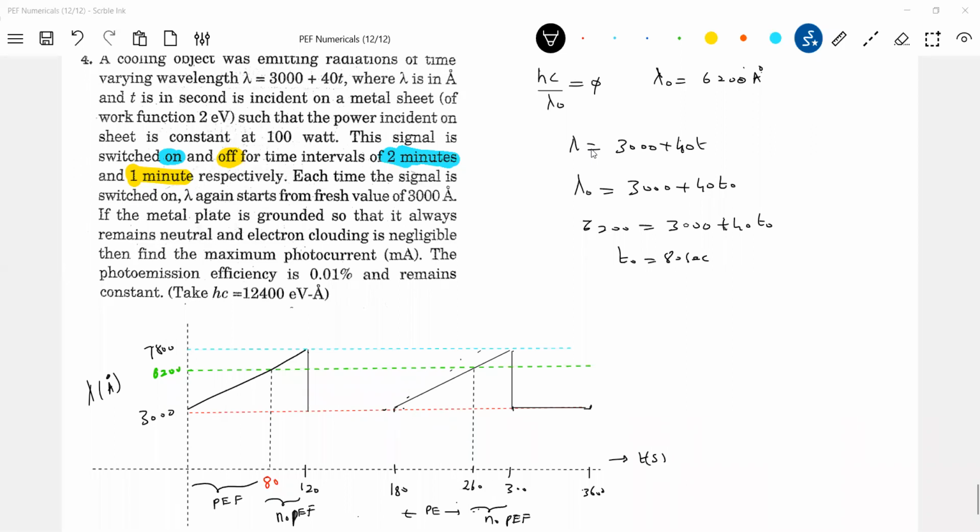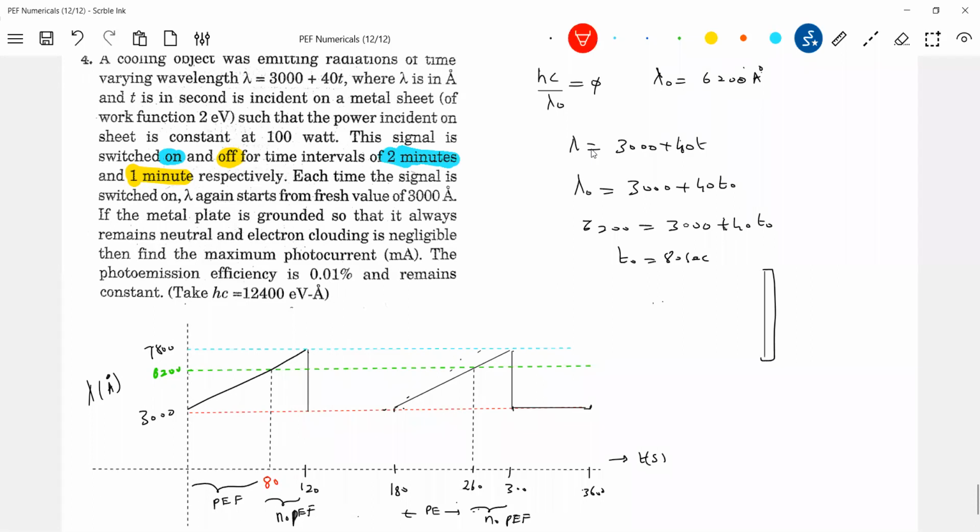Finally, the metal plate is grounded so that it always remains neutral and electron clouding is negligible. Find the maximum photocurrent. So what is the meaning of this? It's telling us this is the metal plate. I'll try to explain this.